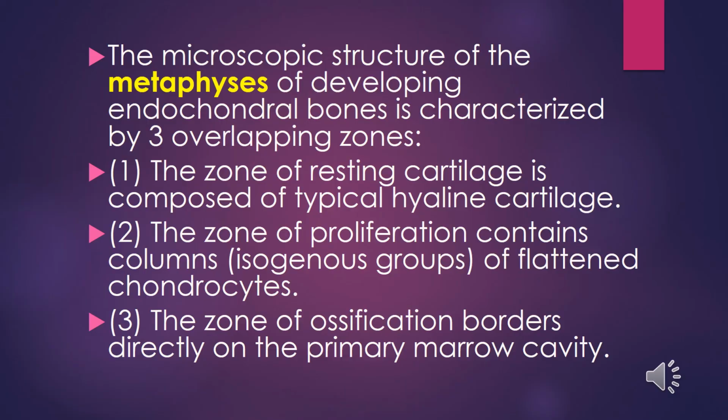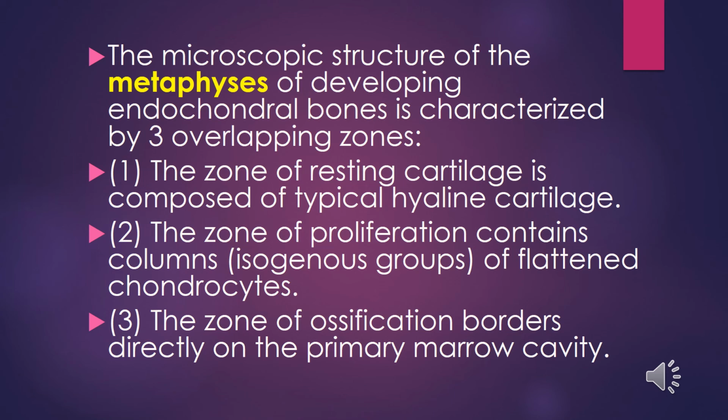On the slide, the metaepiphysis has specific elements. It includes three zones. The first zone is called resting cartilage. It's a typical hyaline cartilage, the ending part of the epiphysis. The central zone is called the proliferating zone, and it's a zone very important to the growth of bones and cells.